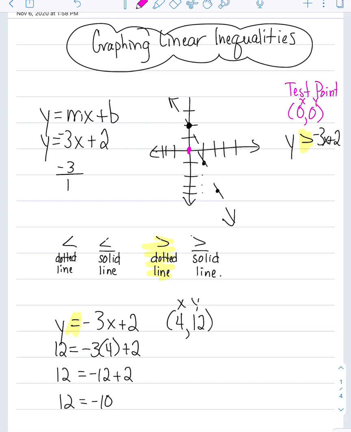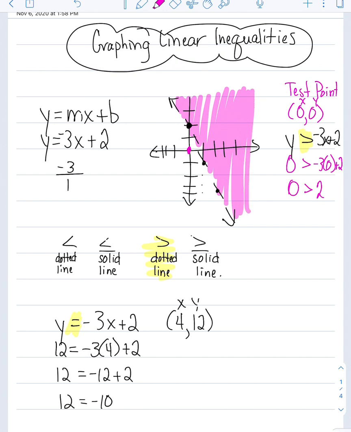So my y is 0, greater than negative 3 times 0 plus 2. So 0 is greater than, negative 3 times 0 is 0, and 0 plus 2 is 2. Is 0 greater than 2? No, it's not. So that means that side of the graph is not my solution, but rather this side is going to be my solution.